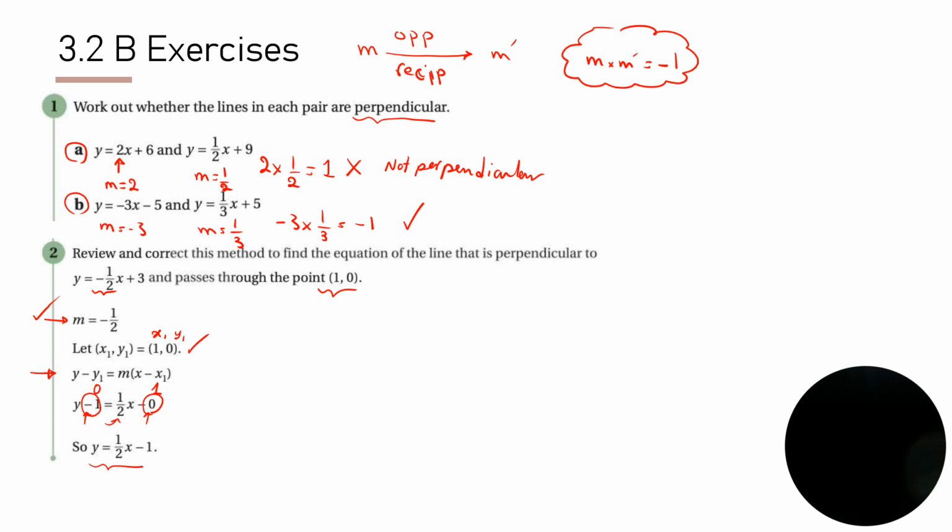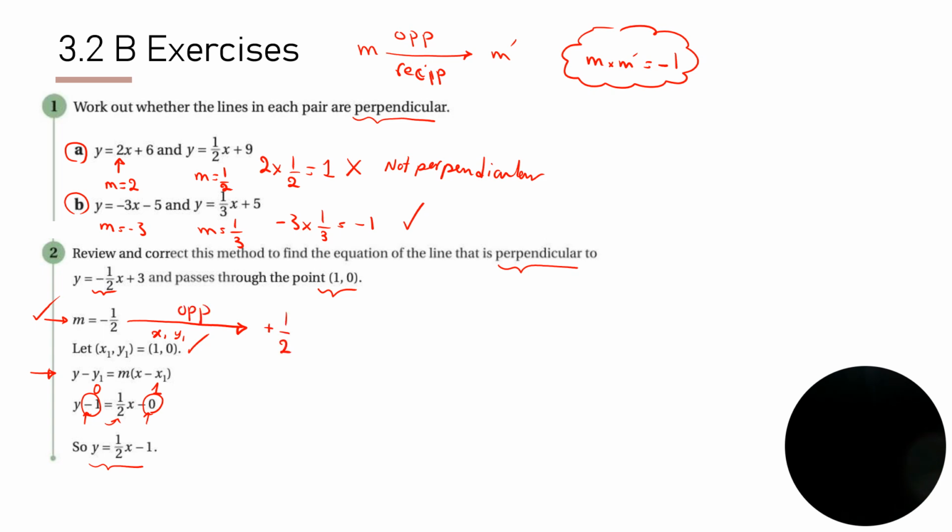The second mistake is that the lines must be perpendicular, so the gradient of the second line must be opposite and reciprocal of the first one. The first one has -1/2 as the gradient. Fine. But the problem is that here they wrote half as opposite and reciprocal. Opposite of -half would be +half.